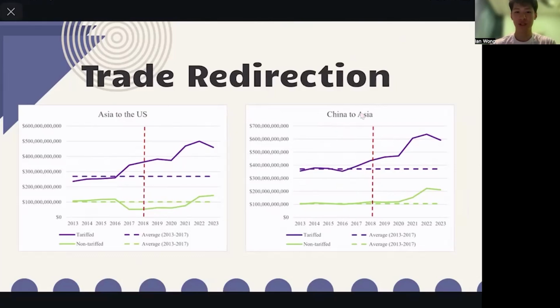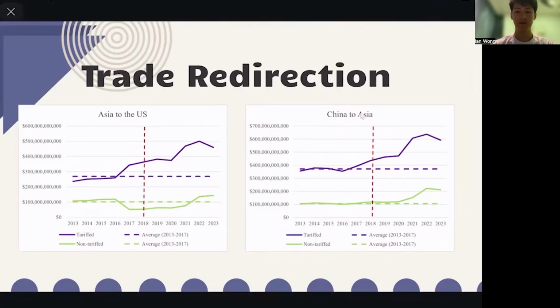Secondly, and more interestingly, trade diversion. From China to Asia, Chinese exporters of tariff goods that are meant for the US will export goods to other countries, likely countries that have a convenient geographical location, countries close to China, i.e., Asia, or countries like Mexico. From Asia to the US, the goods exported to Asia are then re-exported to the US.